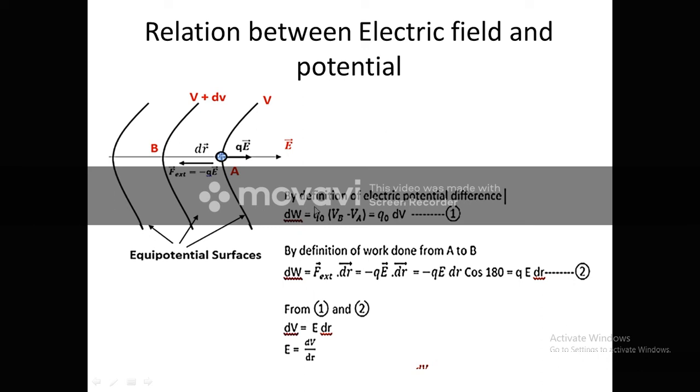So by definition, the work done would be the work done on a test charge by moving from point A to point B. This is the initial point A, and this is the final point B. So the work done in moving a charge from A to point B is equal to Q naught times VB, the potential of the final point, minus the potential of the initial point.